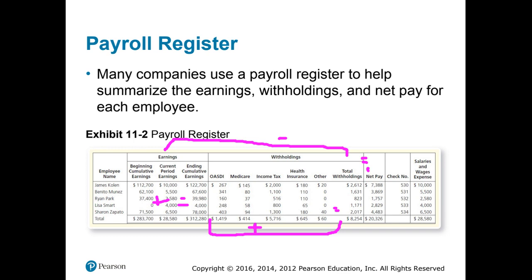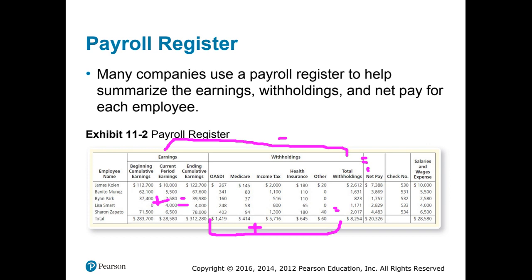So then after we have our net pay, we are then going to see the check number that we paid them with on our register. And then we have this other column for our salaries and wages expense. So this is what's going in our salaries and wages expense for the company. So even though the employee is only getting $7,388, our salaries and wages expense is still going to show $10,000, because $2,612 of that is going into all of these withholding accounts.